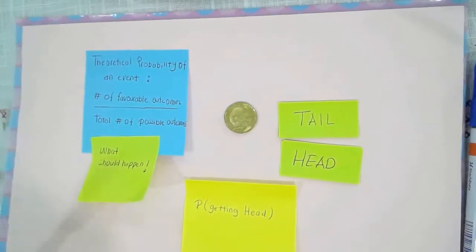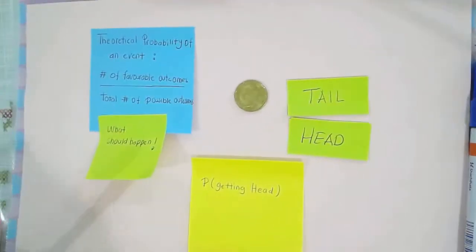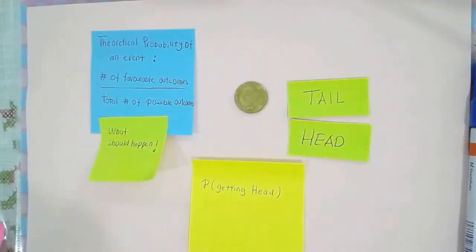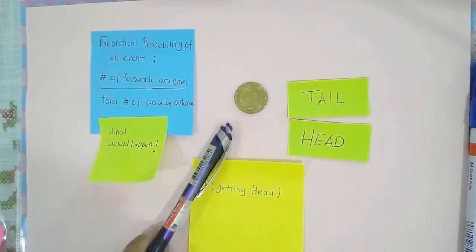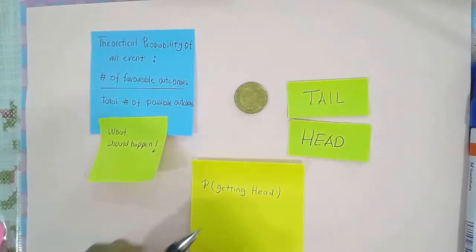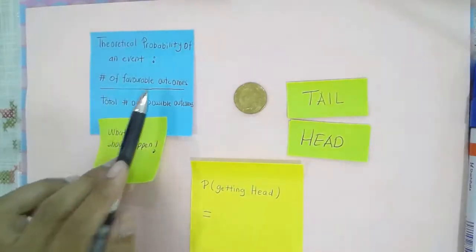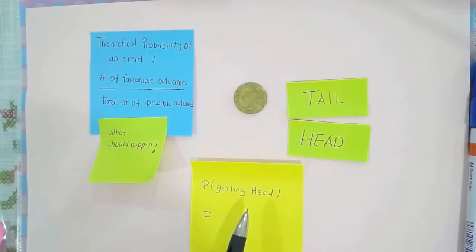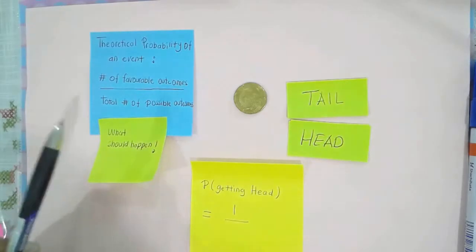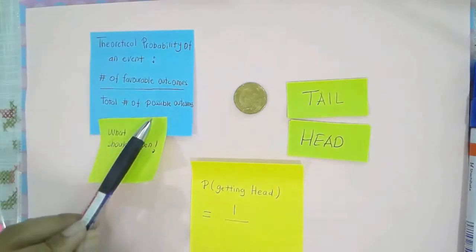By using the theoretical probability mathematical formulation, we can simply calculate the event of interest, which is the probability of getting a head when I flip this fair coin. It is simply given by the number of favorable outcomes. In this case, our favorable outcome is getting head, which is 1, divided by the total number of possible outcomes.